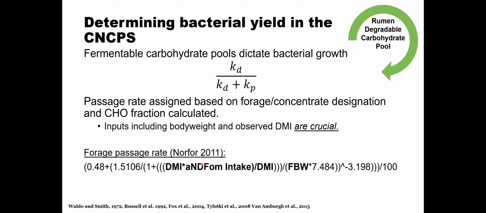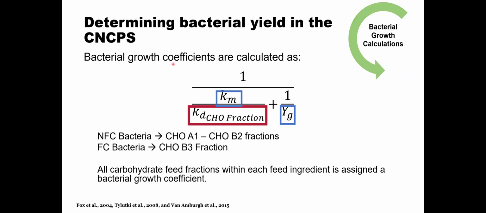And we don't want to get into a lot of passage rate stuff here, but all these things are really important, because if we don't get some of these inputs right and we misappropriate the passage rate, now we haven't calculated the extent of digestion correctly, and we won't be able to estimate the microbial yield correctly, right? So it's all integrated, right? And then the bacterial growth coefficients, this is the calculation.